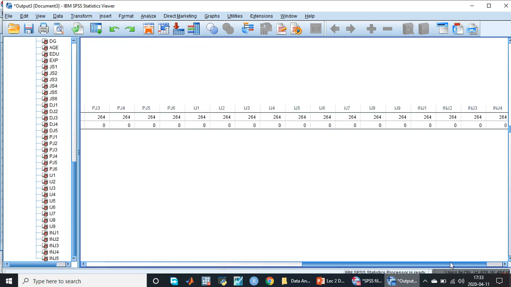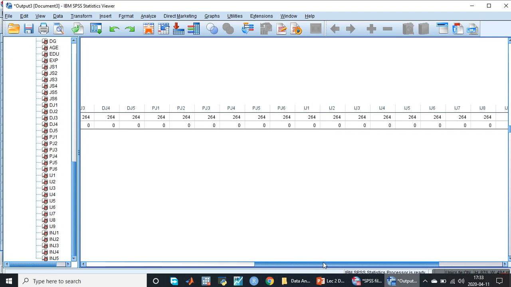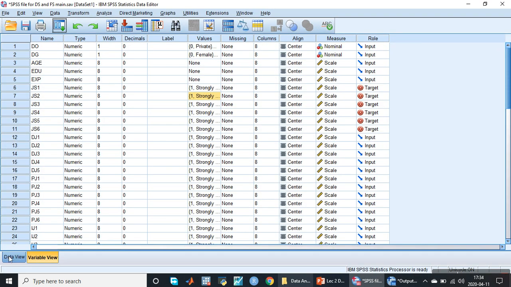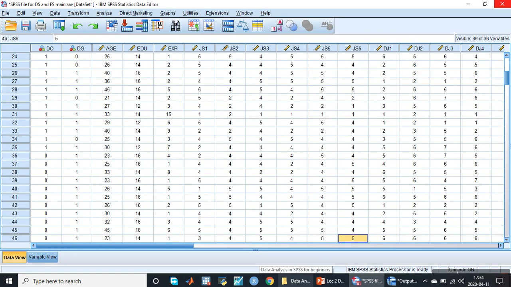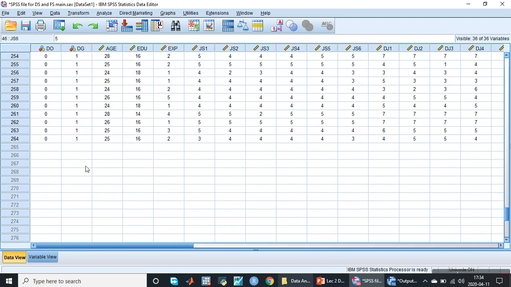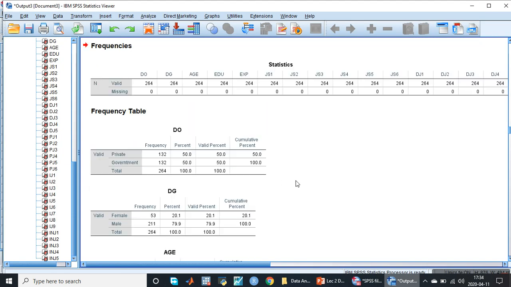So there is no missing value, and valid values are 264. We expected no missing value in our SPSS sheet while entering the data, and there were 264 entries. So we expected valid values 264 and 0 missing values.